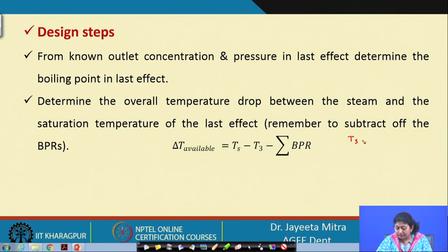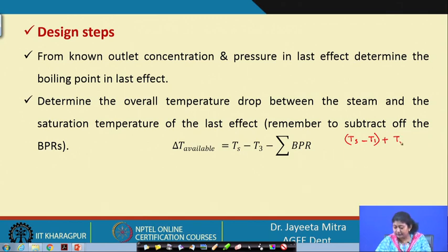Now, the boiling point in the first effect corresponding to, let us say, pressure P1 is T1. So, in the first effect we get this much delta T. Now, the vapor comes out at this T1 temperature, and that is going to enter the second effect as steam.